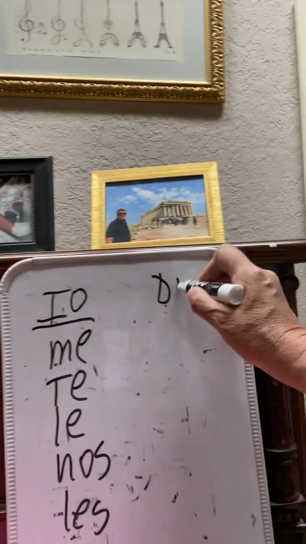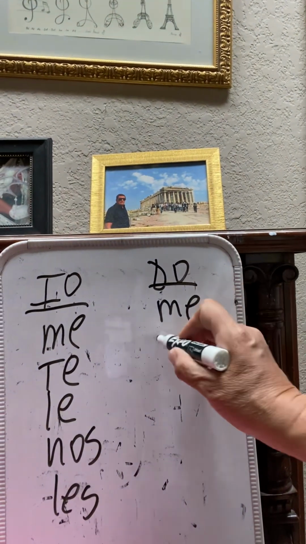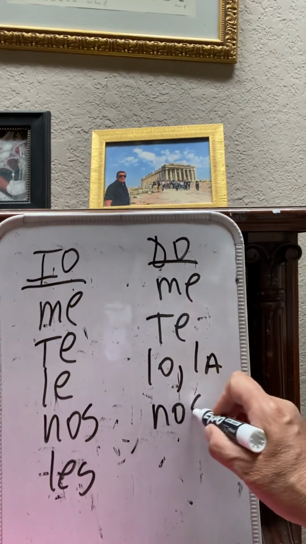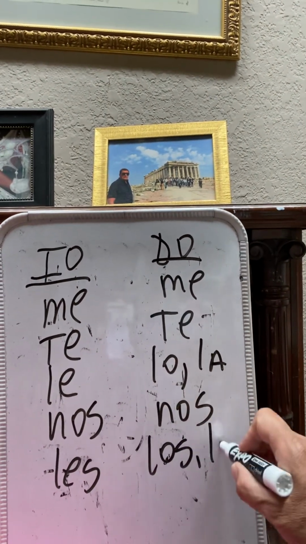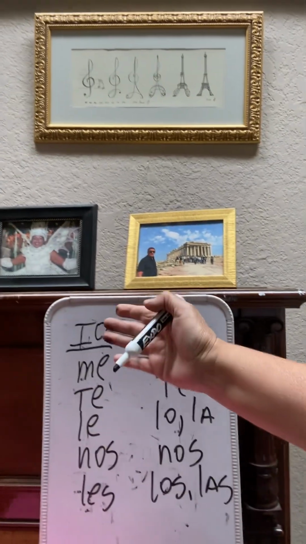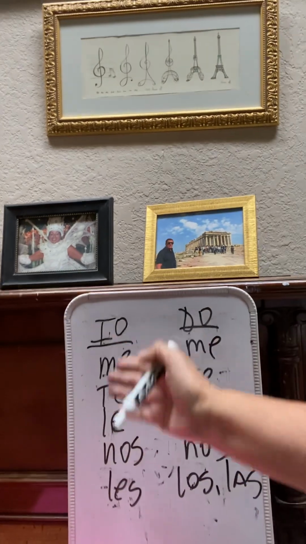And the direct objects are me, te, lo, la, nos, los, and las. So this is the recipient of the action, and this is the person who receives the whole thing. So that's why you would say, I cook it for him, or I am cooking it for him. The it being the direct object, and for him, substituting Steve. Make sense? So that will be the indirect object.